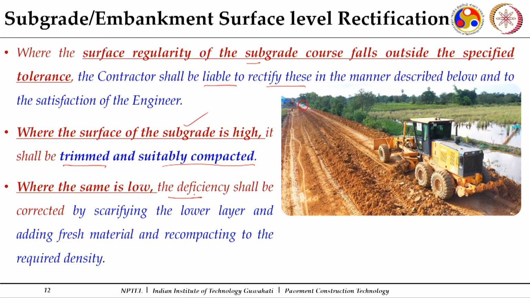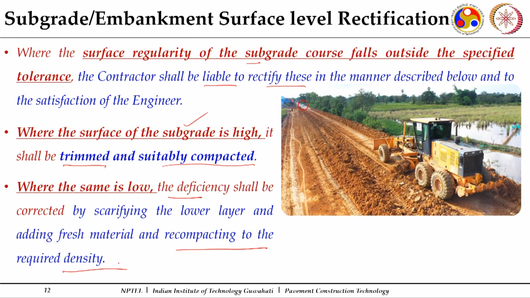Where the surface is low, we will do a slight scarification of the existing compacted layer, then put some fresh material so that it becomes one monolithic layer, and then recompact it to the required density. At every layer this check has to be done, and if any rectifications are required, they should be attempted immediately, and only then should you proceed to the construction of the next layer.